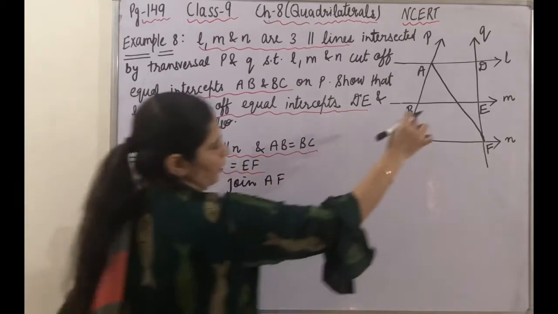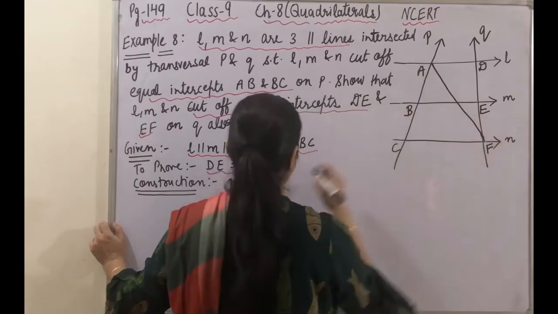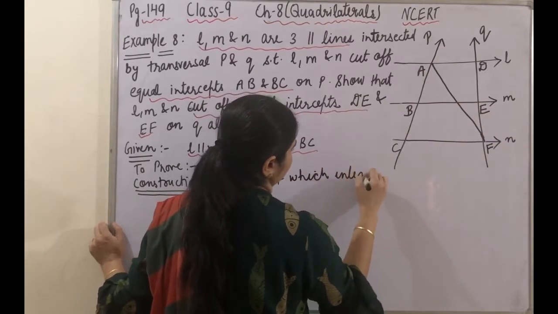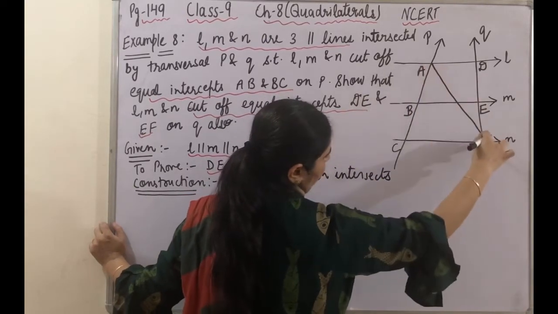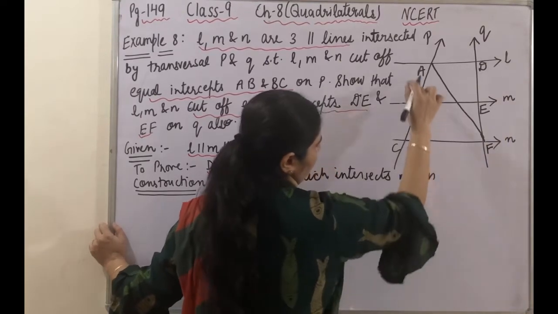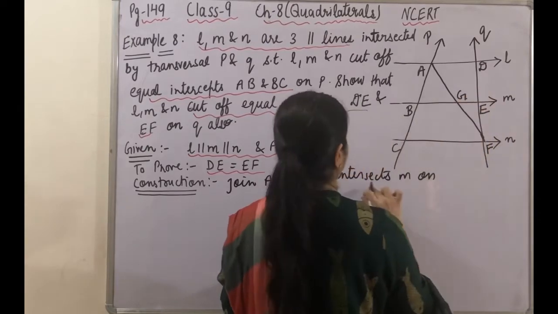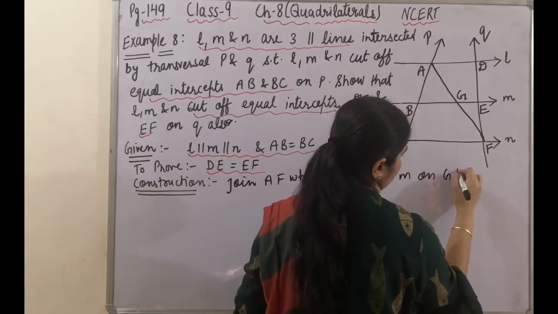Now here I haven't given the name, and this AF intersects this M on point A, B, C, E, F; let this be G, which intersects M at point G.